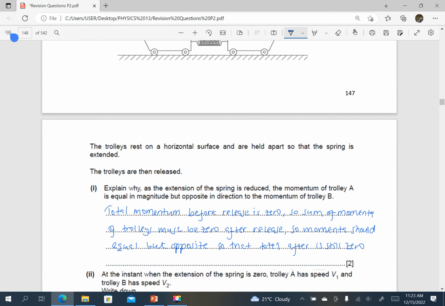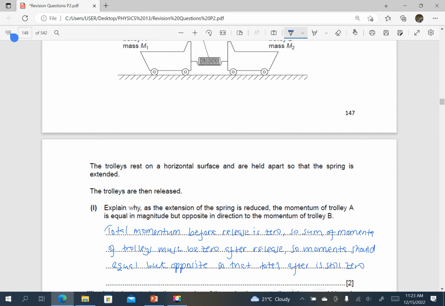Alternatively, you can use Newton's third law, where you just mention force is equal to the rate of change of momentum. And the forces on trolleys are equal and opposite by Newton's third law.